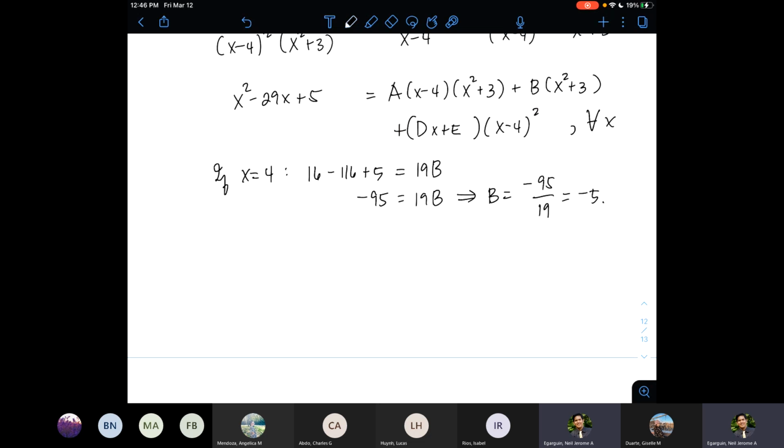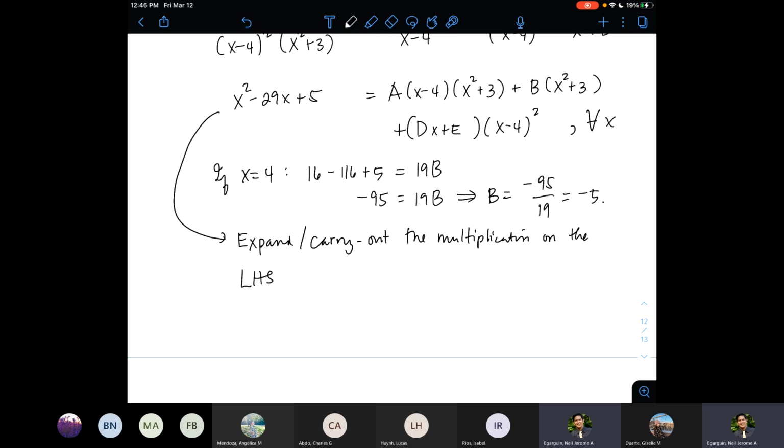So if you do that, you expand or carry out the multiplication on the left-hand side, and then collect like terms.